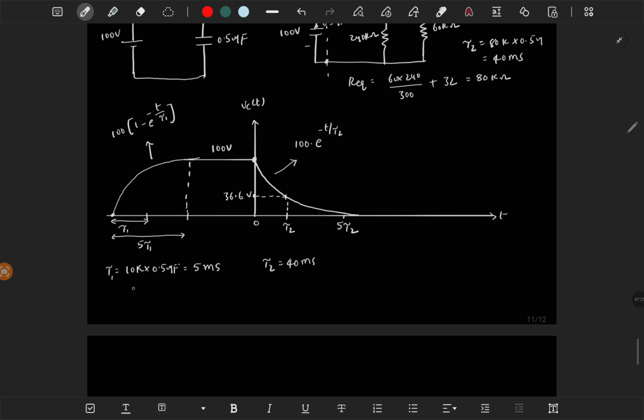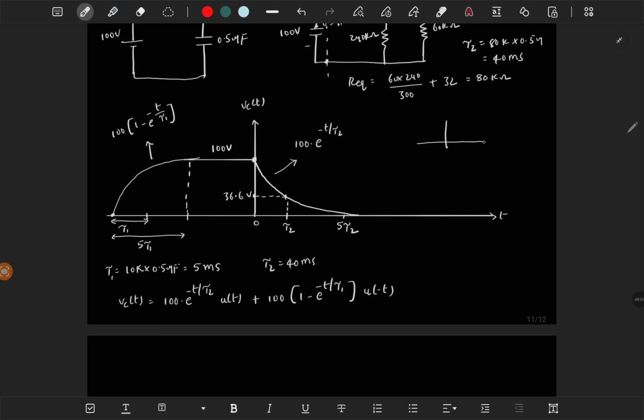If you want to combine and write the total Vc of t, this is easy. This expression is there for t greater than 0, so it is 100 times e power minus t by tau 2 u of t, and the other expression is there for t less than 0, so 100 times 1 minus e power minus t by tau 1 u of minus t.